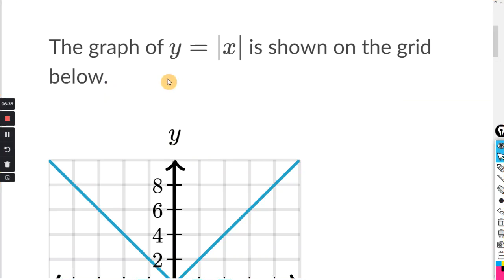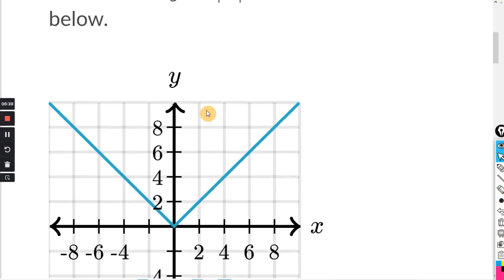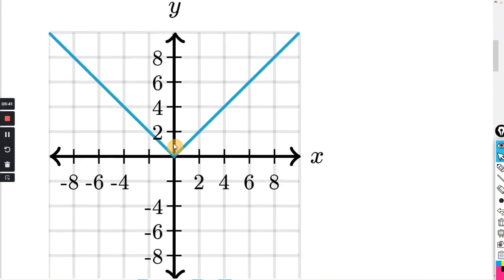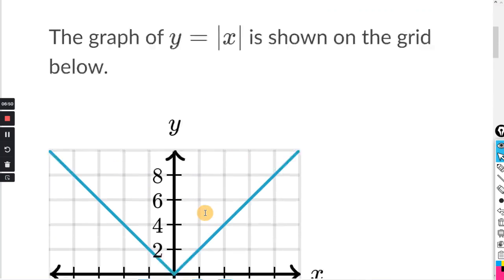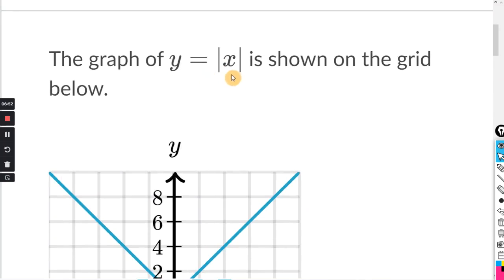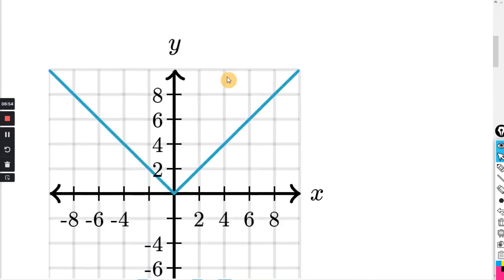The graph of y equals absolute value of x is shown on the grid below. That's right here. Which of the following is the graph of y equals absolute value of x minus 1, minus 4? We started with y equals absolute value of x.